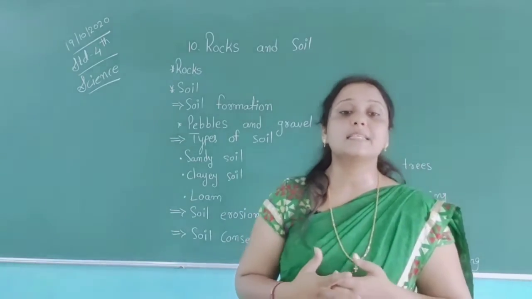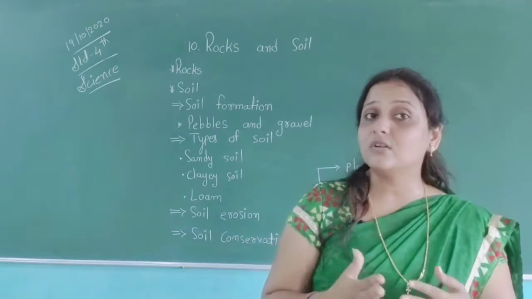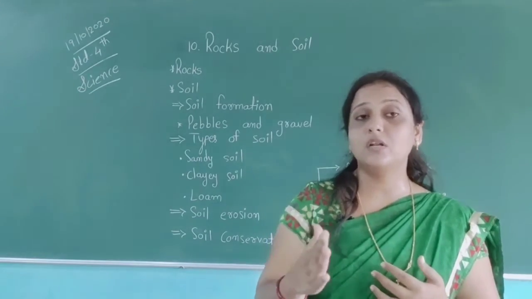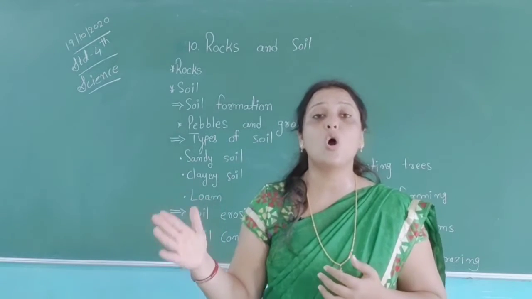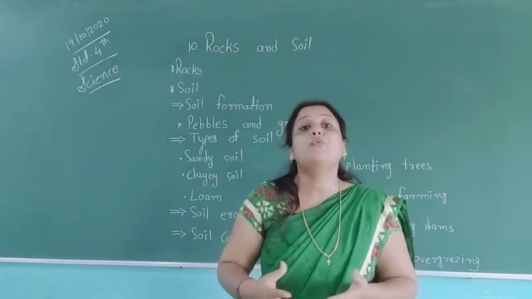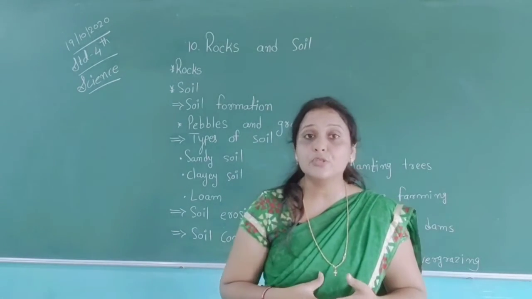We need to take some immediate steps to stop this, because soil erosion is dangerous for us. Because of soil erosion we will not get enough plants, and because of this we will not get food for our healthy life, because all types of plants are very useful to us.